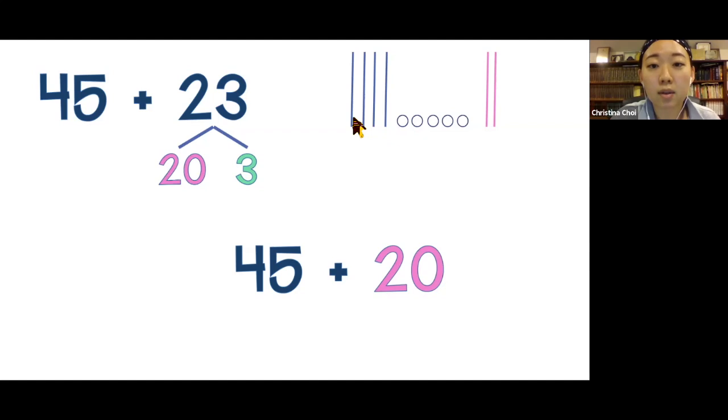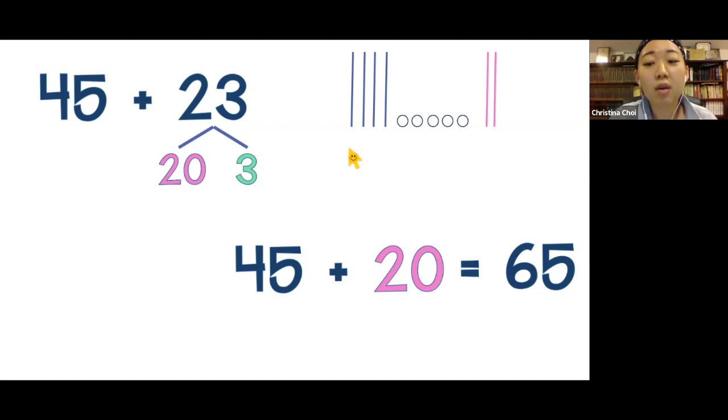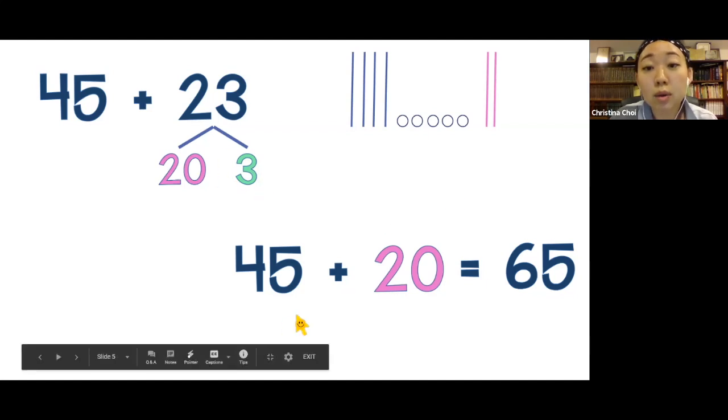So let's count together. 10, 20, 30, 40, 50, 60, and then 61, 62, 63, 64, 65. 65 is correct. But are we finished yet? Nope. 65, and then what do we not forget? We can't forget the ones again, the leftover ones, so we need to count on.